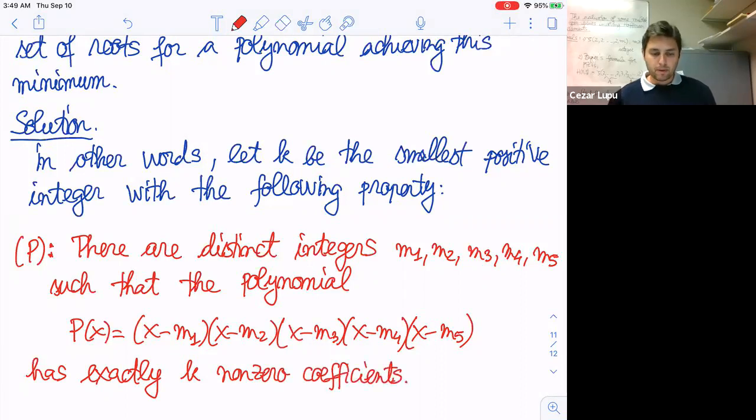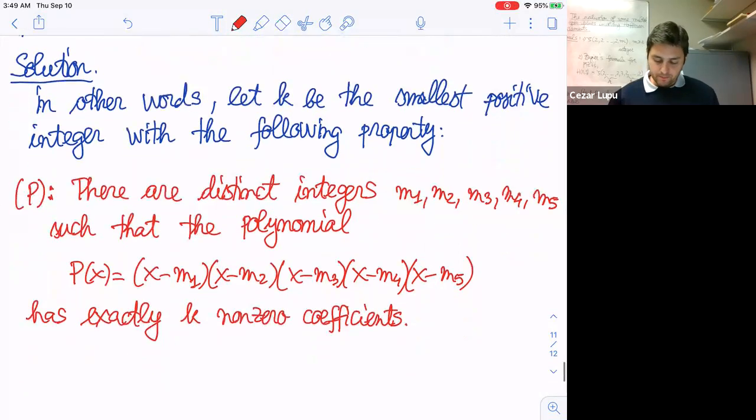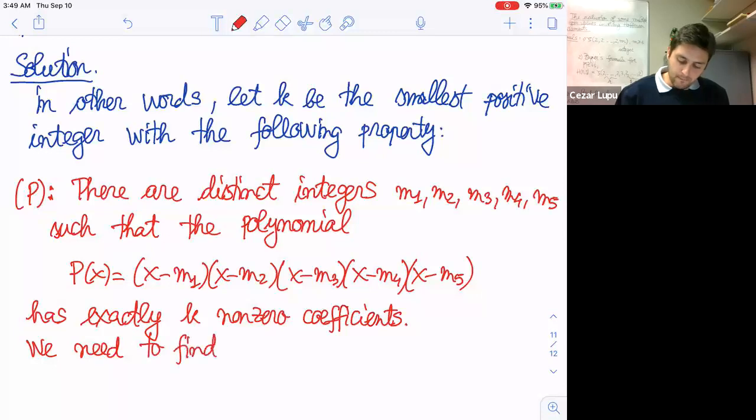Okay. So we need to find, in other words, a set of integers.